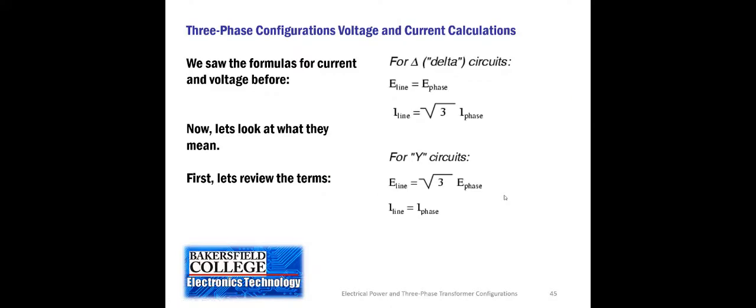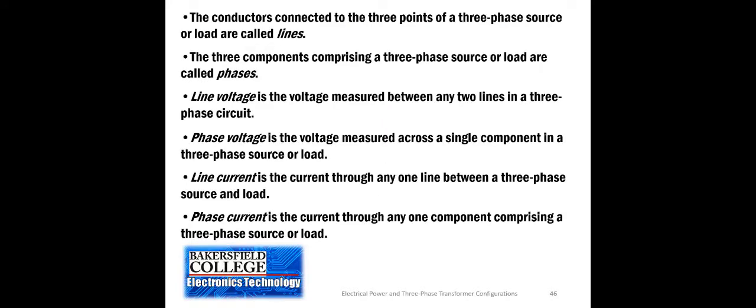So here is a comparison of the voltage and current calculations. I'll show you that again in just a minute. Remember that the conductors are the lines, and the components, the loads, are called the phases. Line voltage is between the two lines. The phase voltage is across each component.